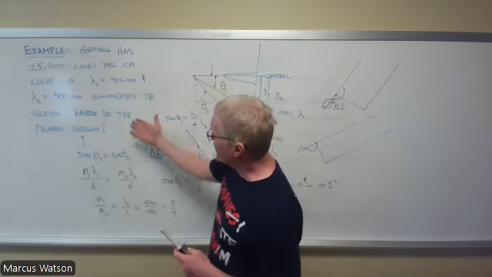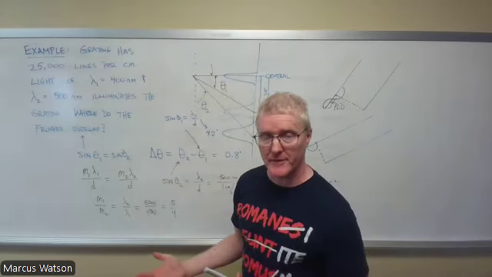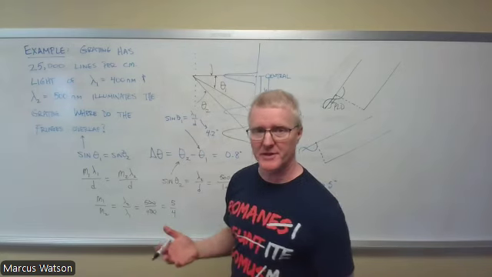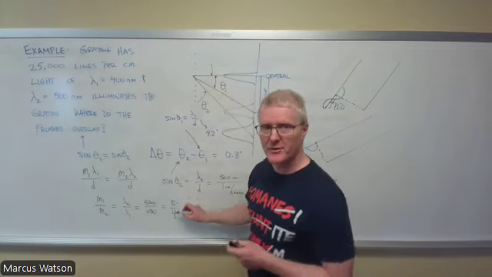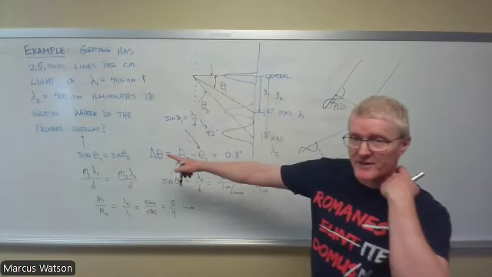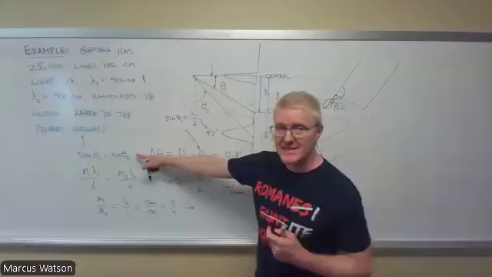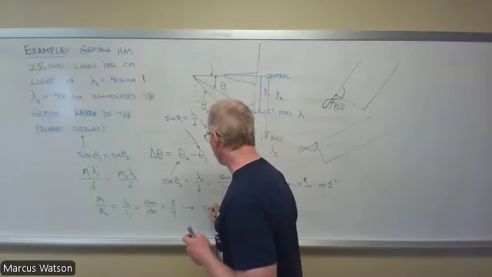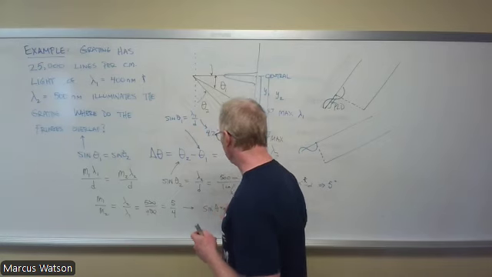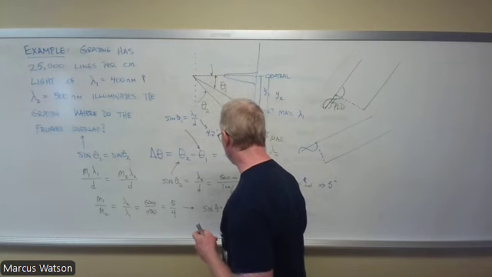Question being now, where do they overlap? Well, I know the order number that they overlap. So what's the point on the screen at which they would overlap? I can take either one of these fringe numbers and calculate what is the actual angle that I set equal to each other here, right? By saying sine of theta is equal to 5 lambda 1 divided by little d.